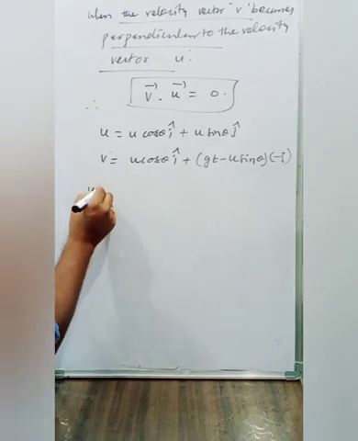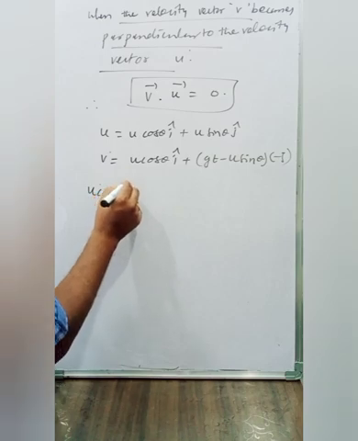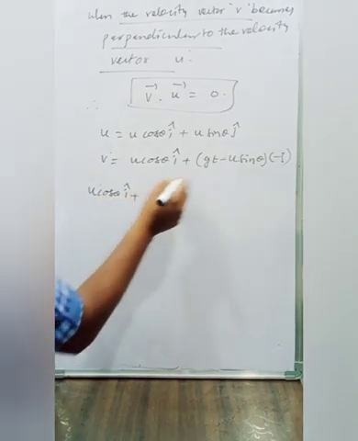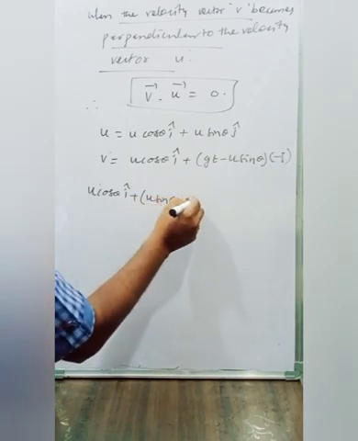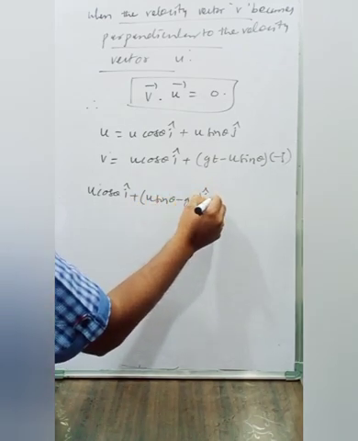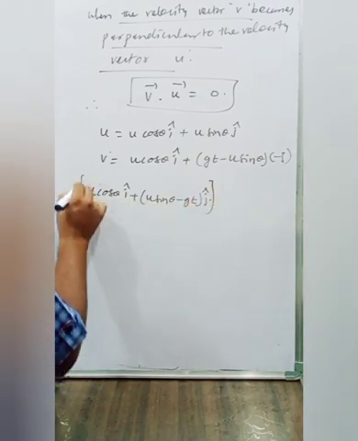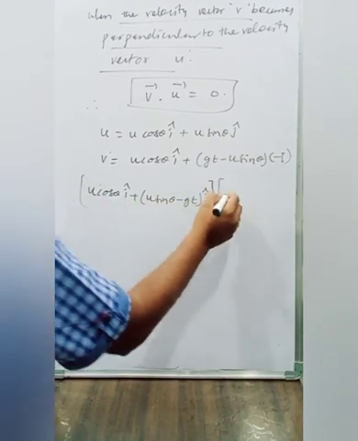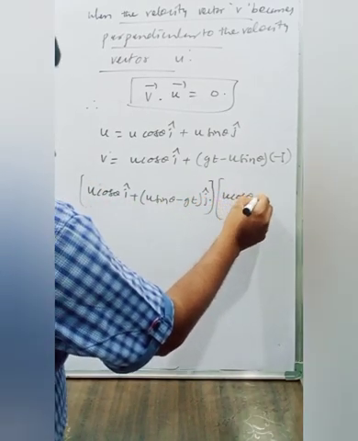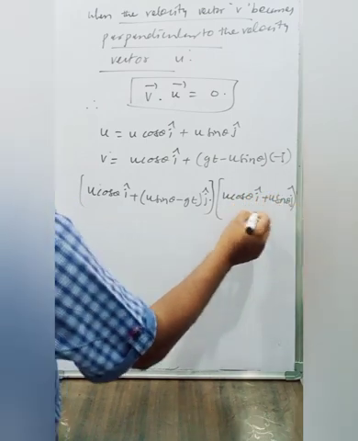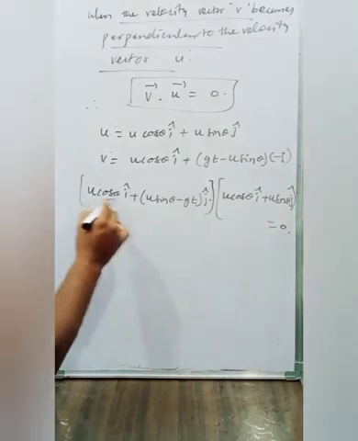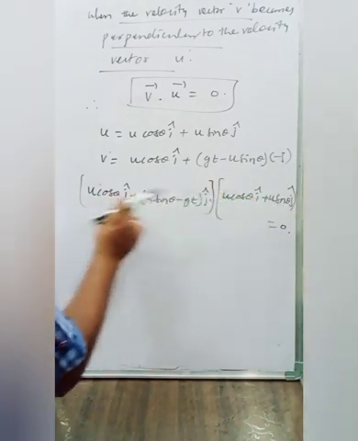So you can substitute (U cos theta i cap plus, if you multiply with minus, you will get U sin theta minus gt) j cap dot (U cos theta i cap plus U sin theta j cap) is equal to 0. Now i dot i is 1.